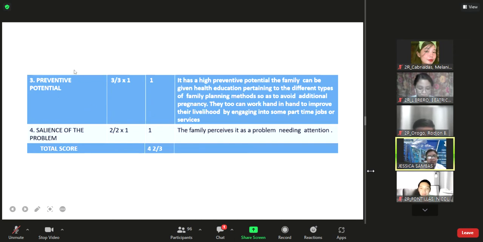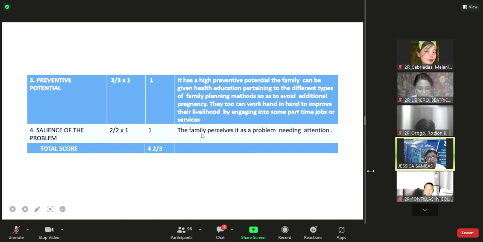So, what's salience? The perception of the family regarding the problem. So the family said, ma'am, it is truly a problem, and it needs a solution. So we just keep the justification basic, an interpretation of your result. So the score is 2 over 2, which is the highest score, multiplied by the weight, which is 1.